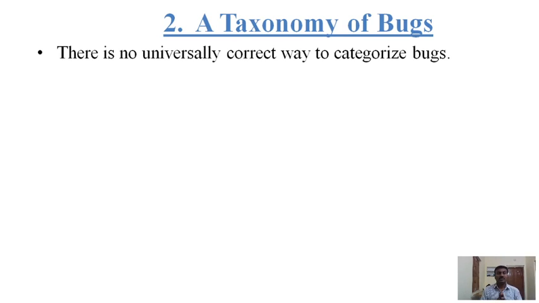There is no universally correct way to categorize those bugs. Even though there are different types of bugs, there is no universally correct way to categorize them. The categorization or taxonomy we have mentioned here is also not rigid, which means it is not perfect.